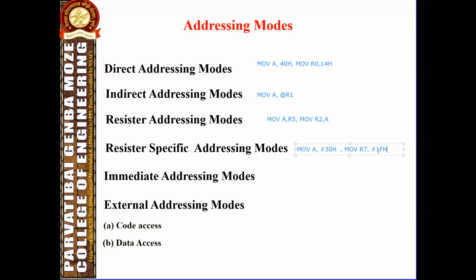Remember, the 1FH data is loading into the register R7. So these are a few examples of immediate addressing mode. Here the immediate data is loading into the registers, and the register may include the data pointer also.